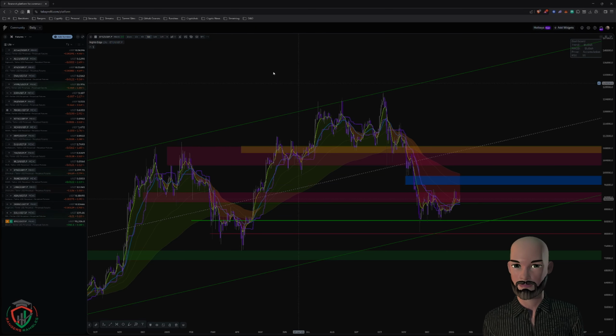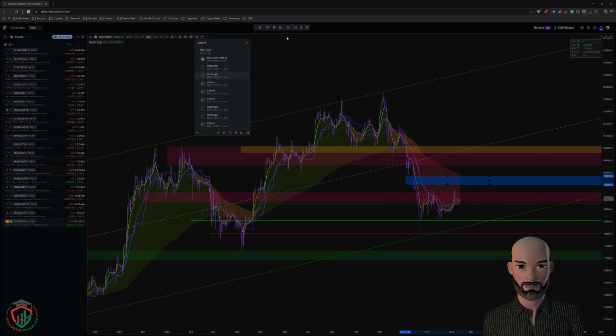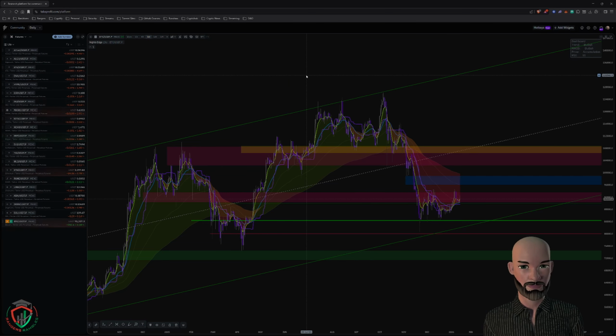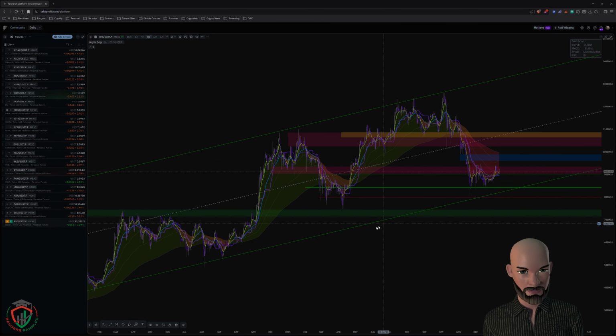Okay, and then let's just choose that blue as well. It's that one. Because I want to be able to still see the candles. It's very important that we can still see the candles.